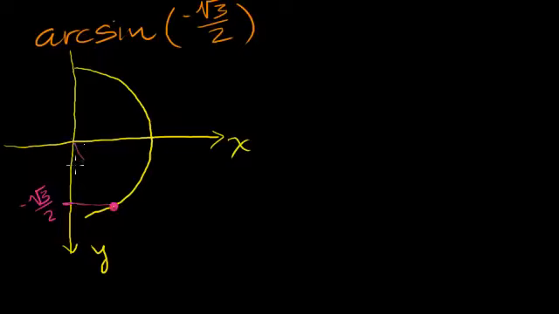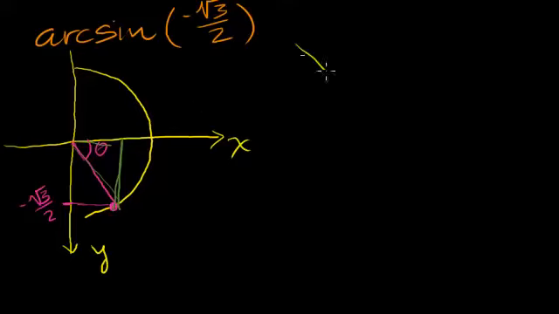Let's think about it a little bit. My y-coordinate is minus square root of 3 over 2. This is the angle. It's going to be a negative angle because we're going below the x-axis in the clockwise direction. And to figure out, let me just draw a little triangle here. Let me pick a better color than that. So that's the triangle. Let me do it in this blue color.